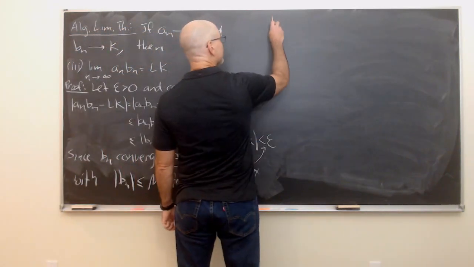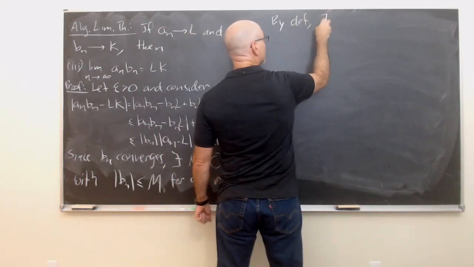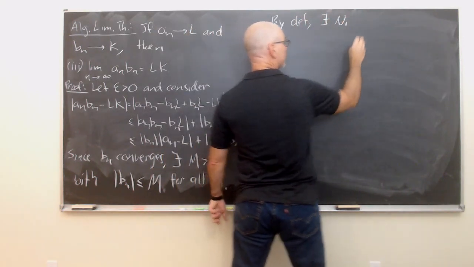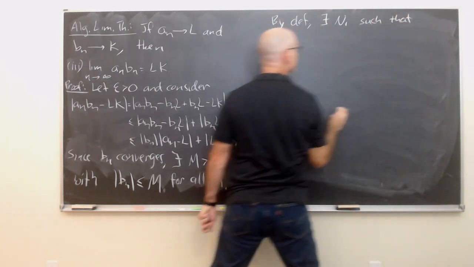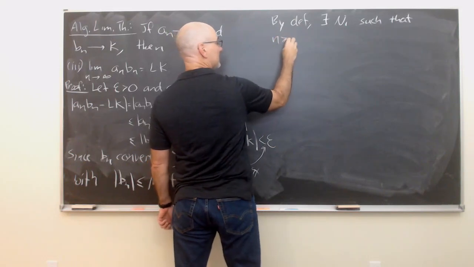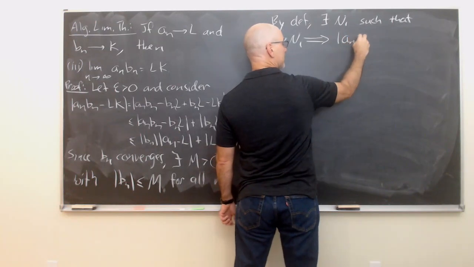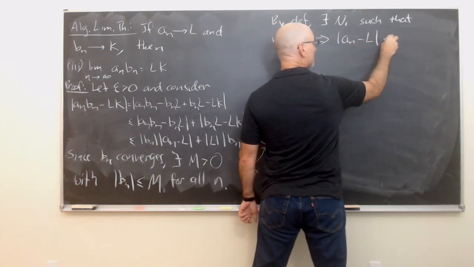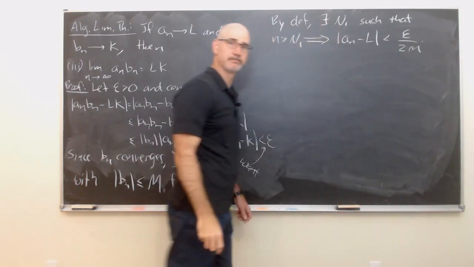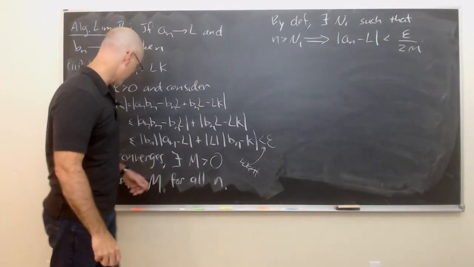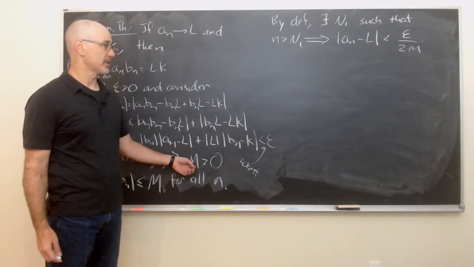We've got, by definition, there exists some capital N1 such that if I go that far out in my A sequence, I can make An within epsilon over 2M of L. Note that when I selected the bound, I assumed that it was positive, so I don't have to worry about dividing by 0 there.